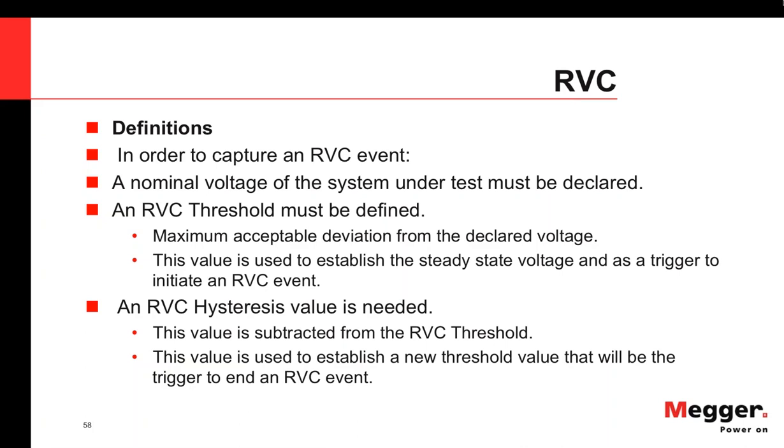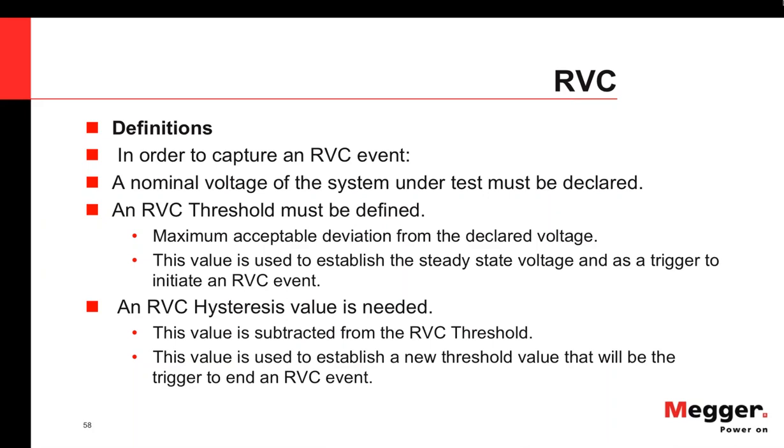In order for a rapid voltage change event to occur, you first have to get to a steady state. And that means that the voltage must remain constant for at least a second. Once you have achieved that steady state, then it will look and see if the voltage changes by 3%.